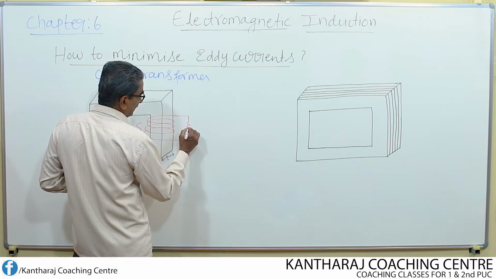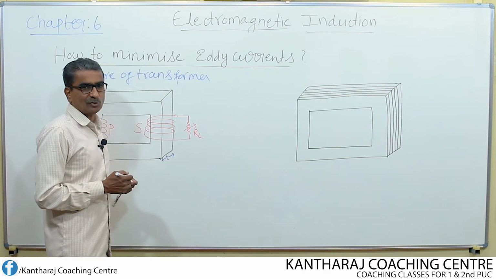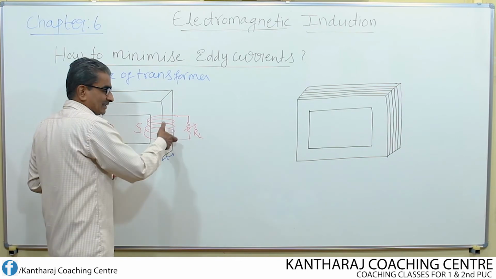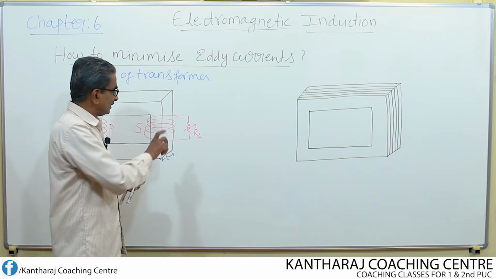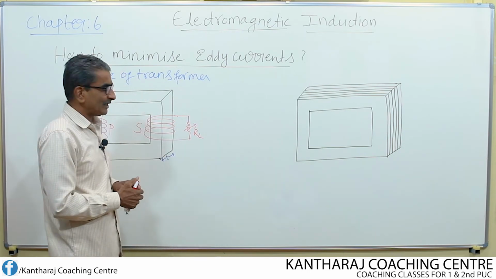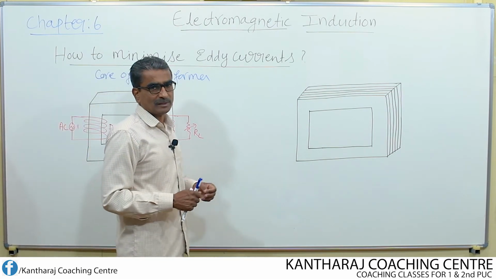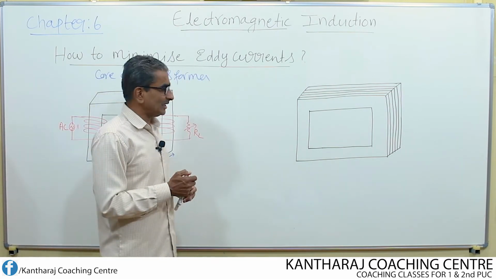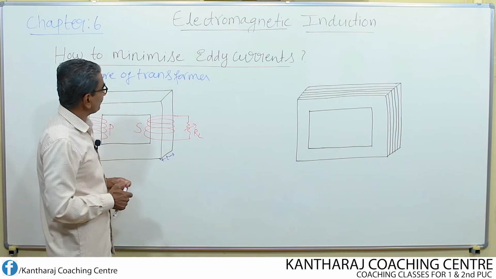Usually the secondary coil is connected to a load. RL is the load resistance. Load means whatever we connect to the secondary coil is known as the load. So, the secondary will act as output. Output is obtained from the secondary, whereas input is fed to the primary. We study about this transformer in the next chapter. So till then, let us know only a little bit about the transformer.